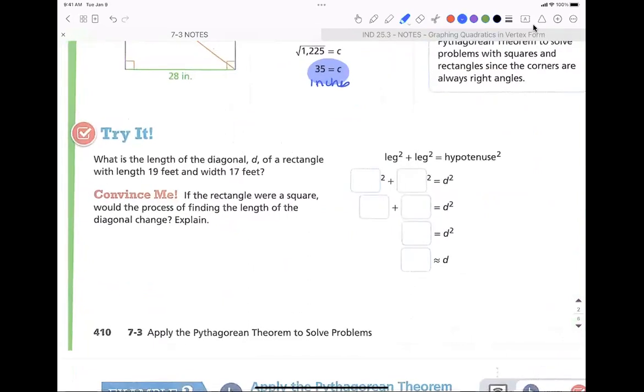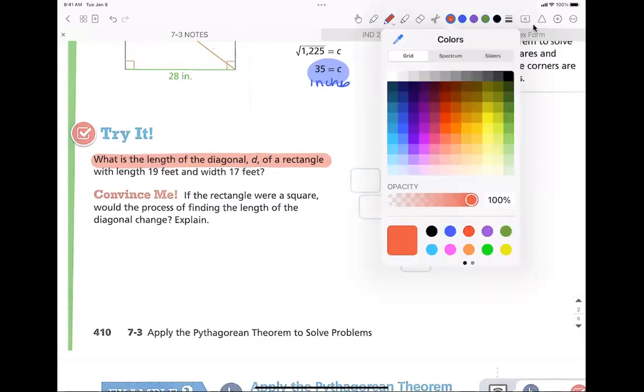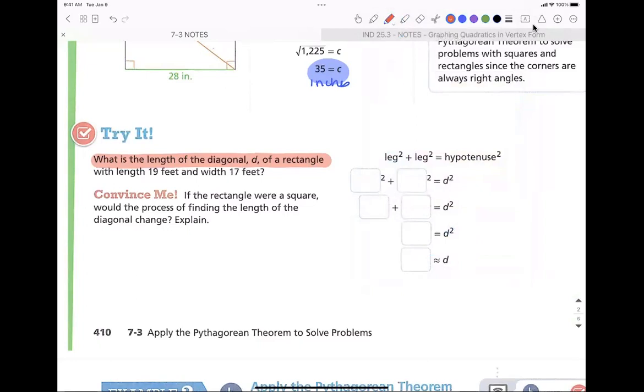And I want to point out some terminology here that is a little different, but I think you guys can figure it out. It says, what is the length of the diagonal D? Now, when you hear diagonal, what side of the triangle should you think? A, B, or C? Yeah, because if you think about when you see diagonal, you got to know that's your C. Because if you think about these right triangles we've been dealing with, this is the diagonal.